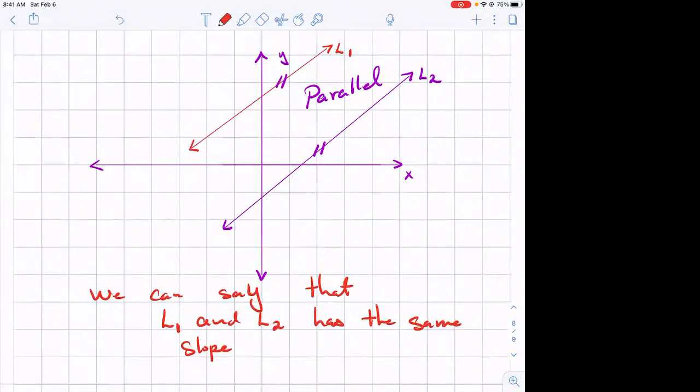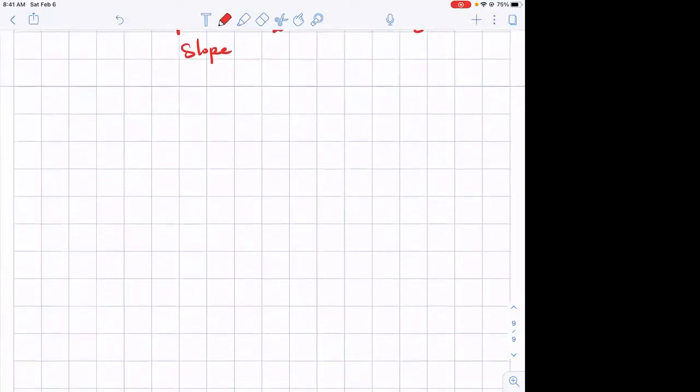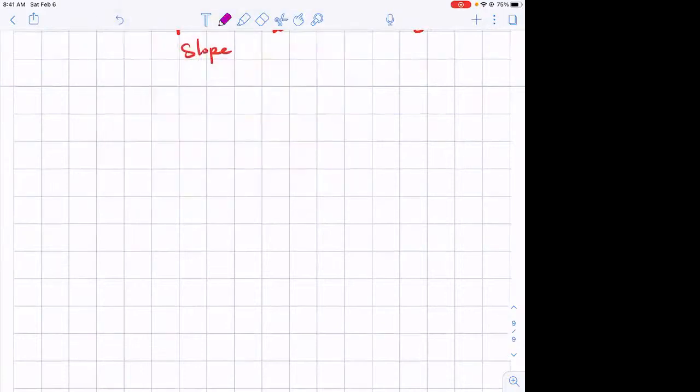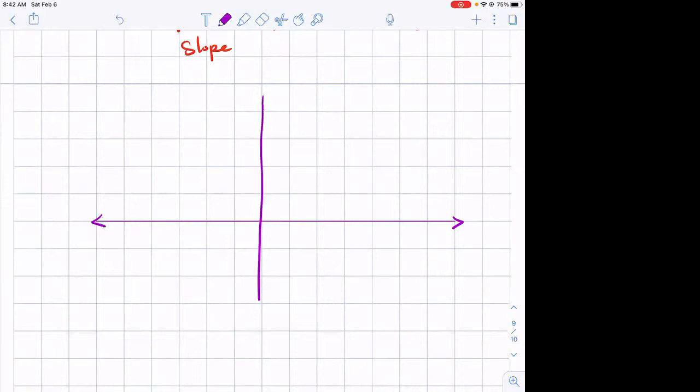Okay? Now, what happens if they are not parallel and let's say they are perpendicular? Well, remember what perpendicular is, right? Perpendicular means that they cross at 90 degrees.